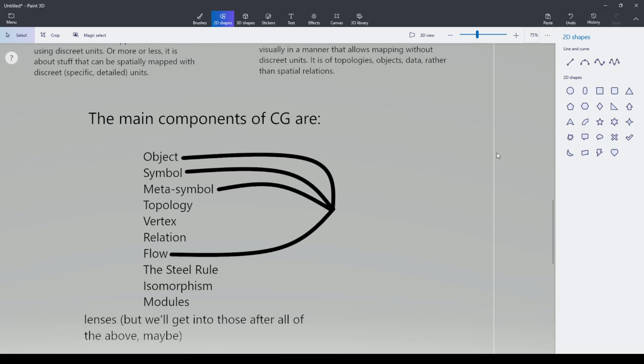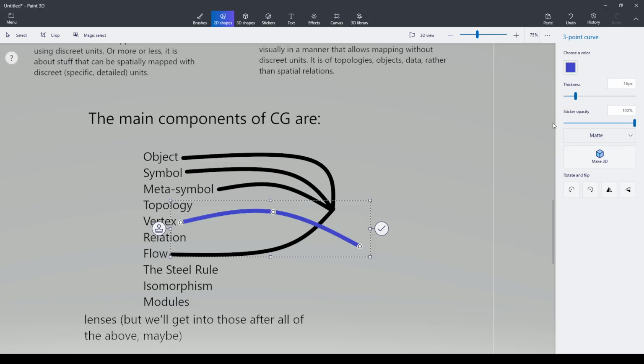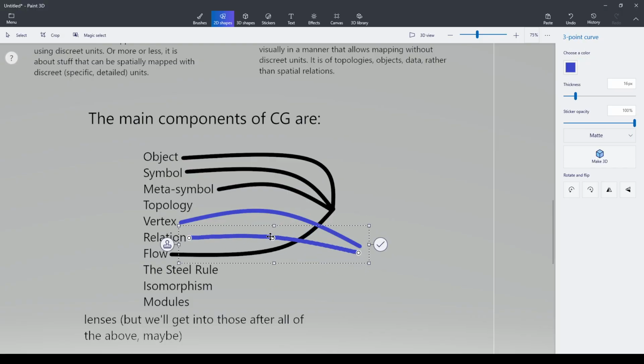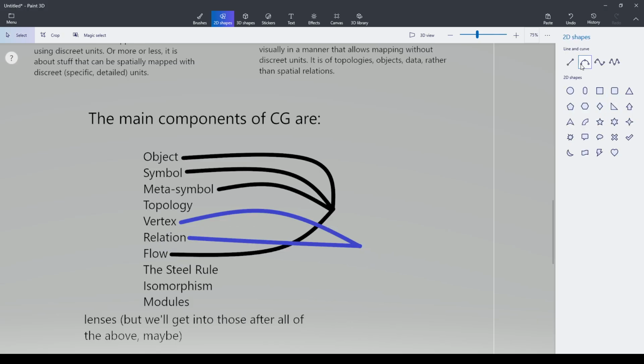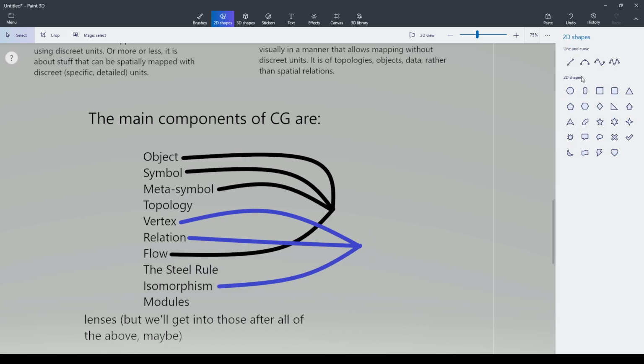Now, from these four, you get a better understanding of these concepts. Okay?